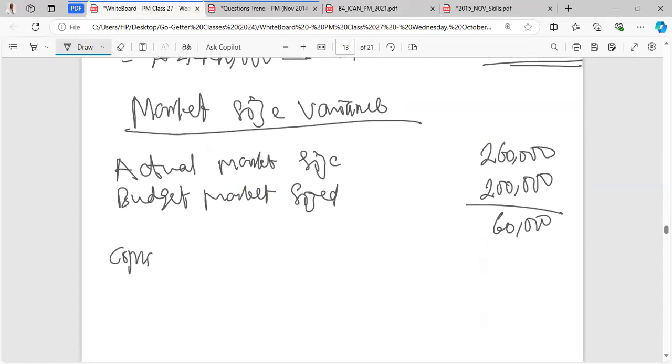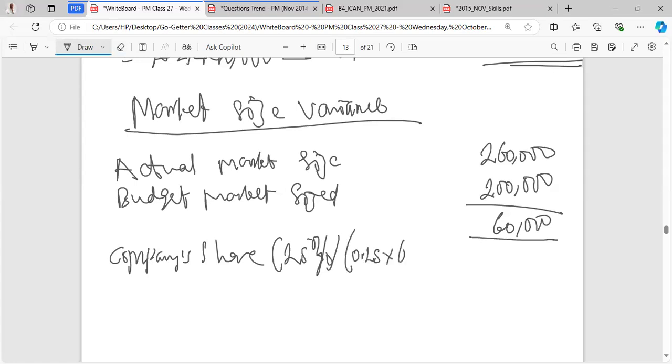Then you plan to get company's share. I want to write company share, which is 25%. So it will be 0.25 times 60,000.